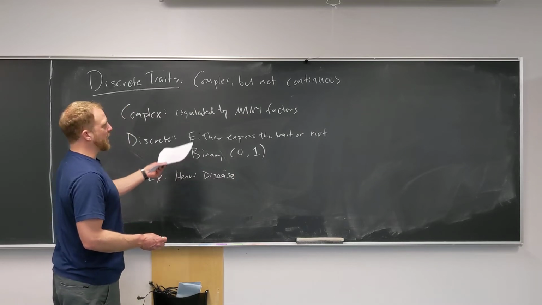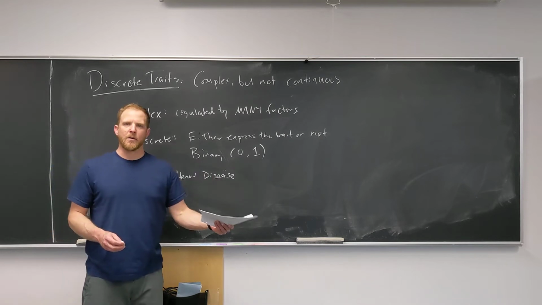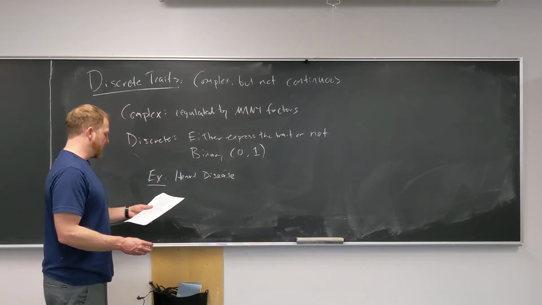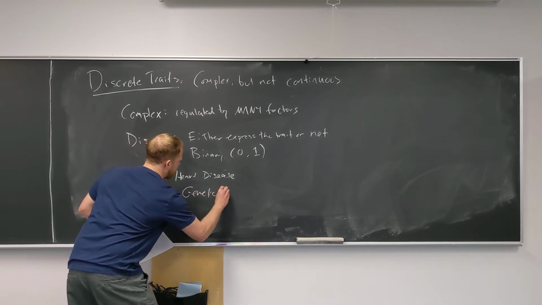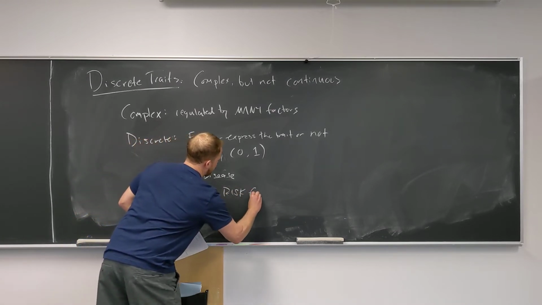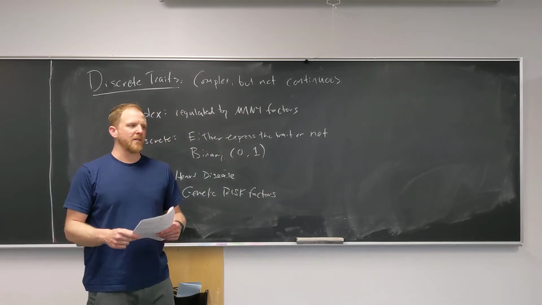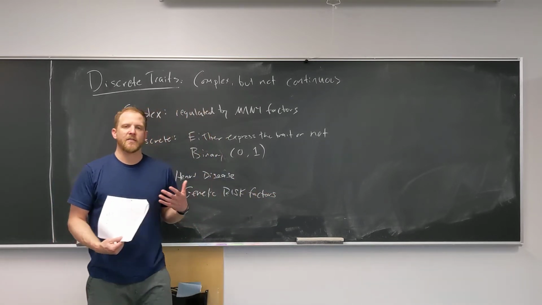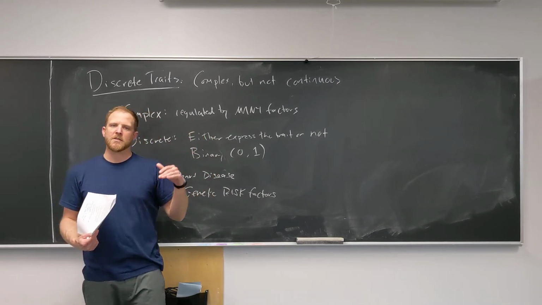Just like with some of the other continuous traits, there's a genetic component and an environmental component. You can think of there being genetic risk factors, things that are maybe outside of your control. If you've got a family history of heart disease, and my family does, that means there's probably some genetic risk factor being passed down from generation to generation.